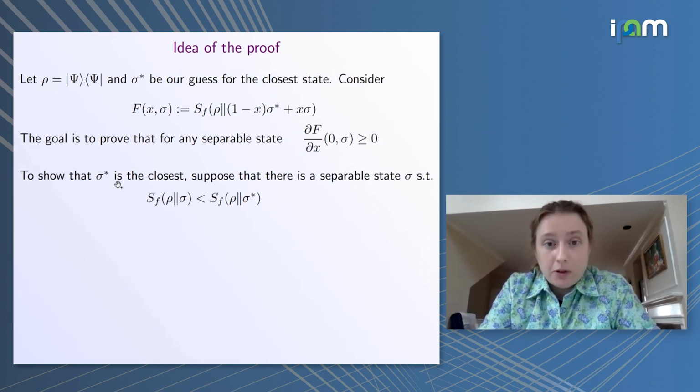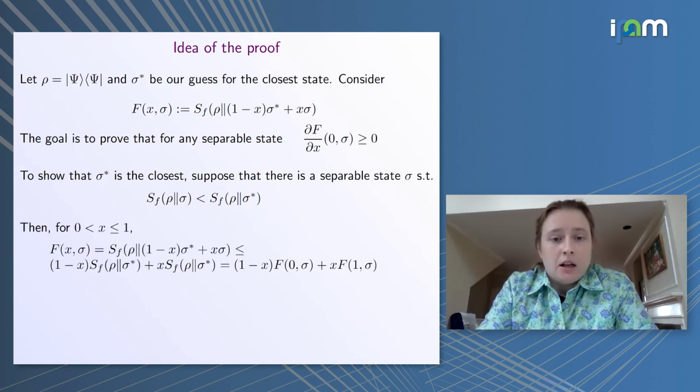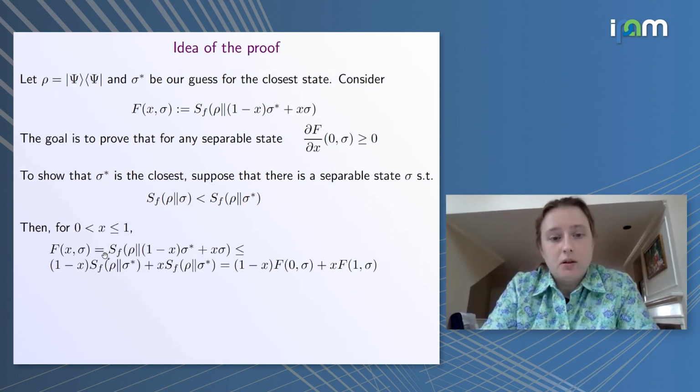If sigma star is not the closest, so there is a separable state sigma that will have a relative entropy less than the relative entropy between rho and sigma star, then calculate this function f. This function f is the quasi-relative entropy just by definition.